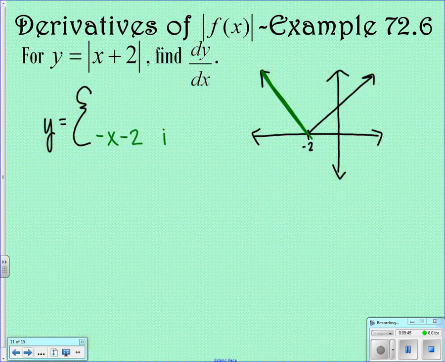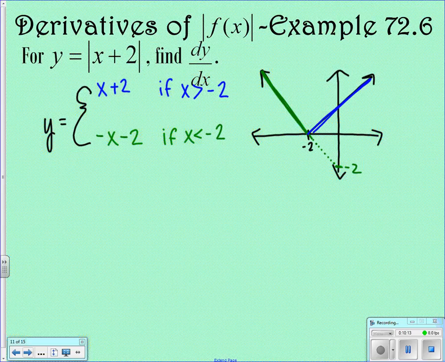And that's if your x is less than -2. If you continue it, it would keep going down, and it's going to cross at -2. And it has a slope of -1. Now this one is a second piece. It has the form of x plus 2. And that's if your x is greater than negative 2.